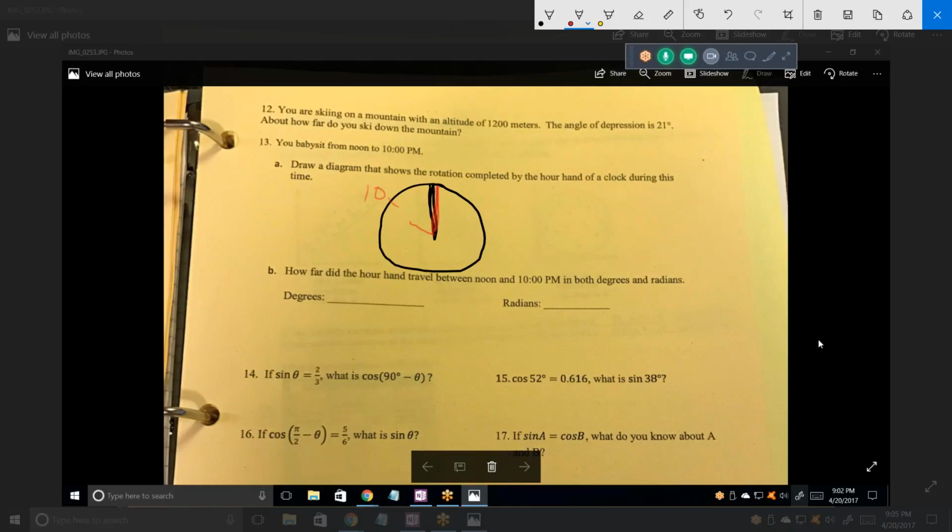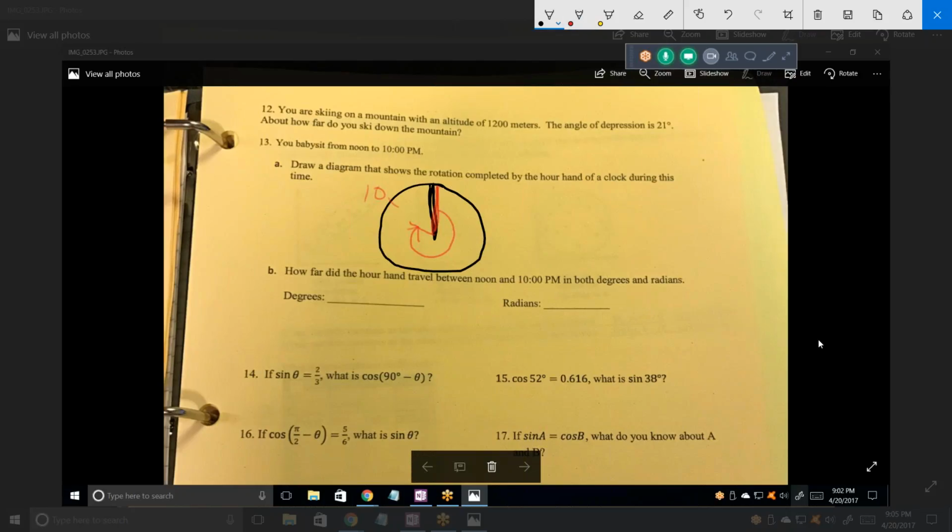Okay. So how far did the hour hand travel between noon and 10 p.m.? In other words, what is this angle right there? That's how far the hour hand traveled. What part of the circle is that?